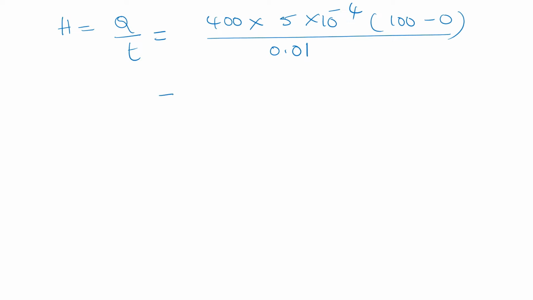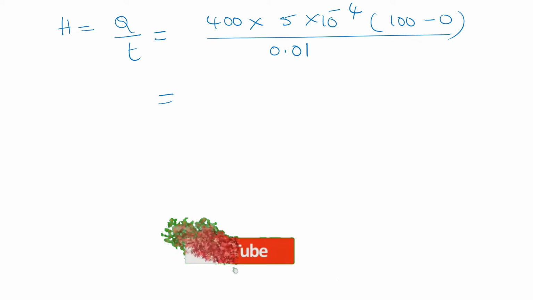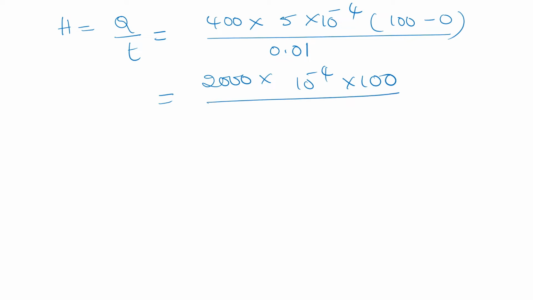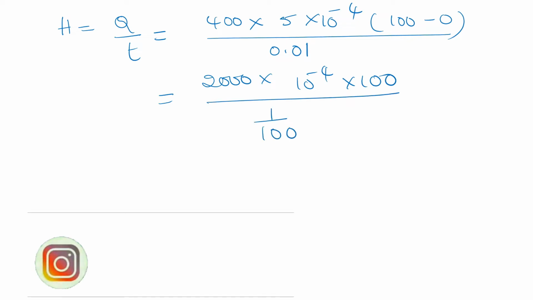Now that is equal to 10 to the power of minus 4, 400 into 5, nothing but 2000 into 10 to the power of minus 4 into 100 by 0.01, which can be written as 1 by 100.